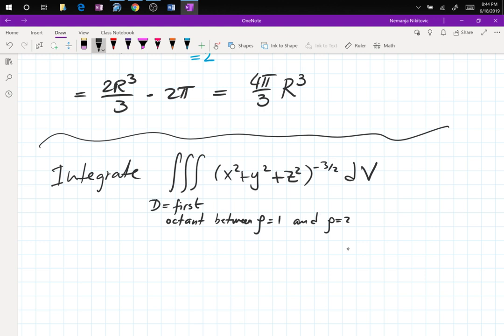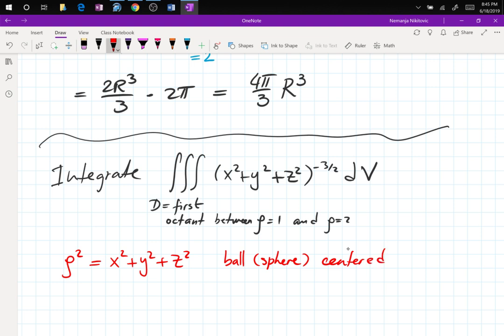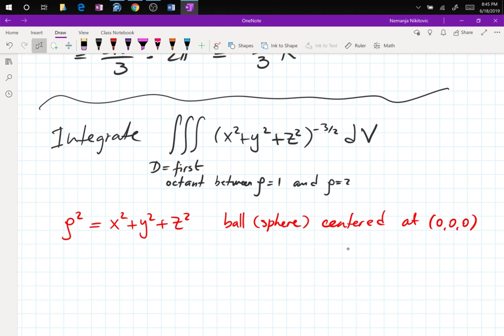So what do I have? Well, first off, I'm going to write this in blood. Rho squared is equal to x squared plus y squared plus z squared. That's the sphere centered at the origin 0, 0, 0. So I immediately know how I'm going to transform the middle of the integral, right?